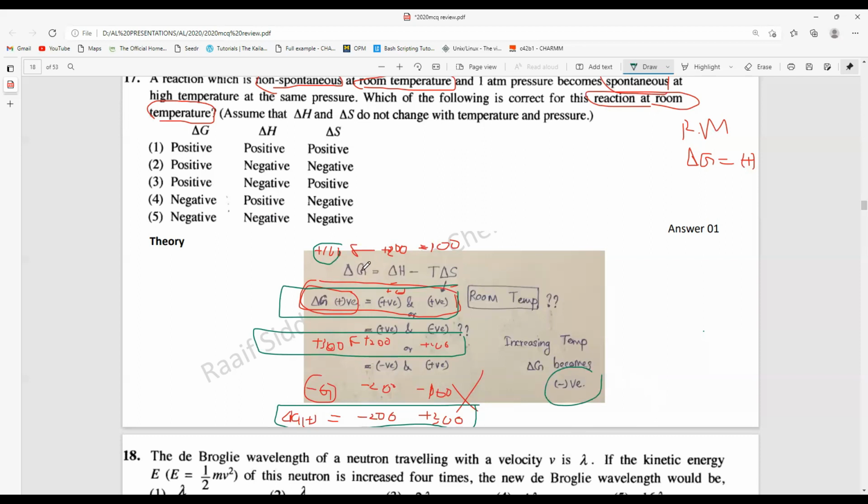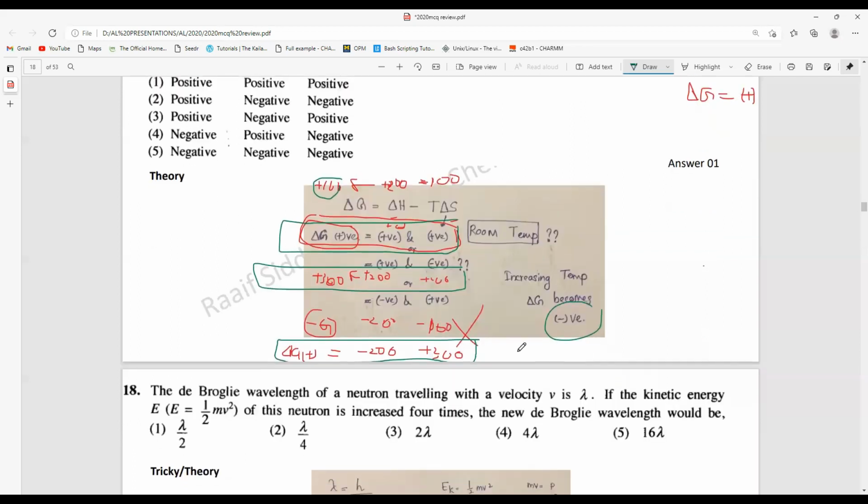So we'll come from the back. In the last case, the entropy is a negative value, and negative times negative becomes positive. So if you increase the temperature more and more, there will be a higher value for this, for example plus 400, because here the entropy is increasing.